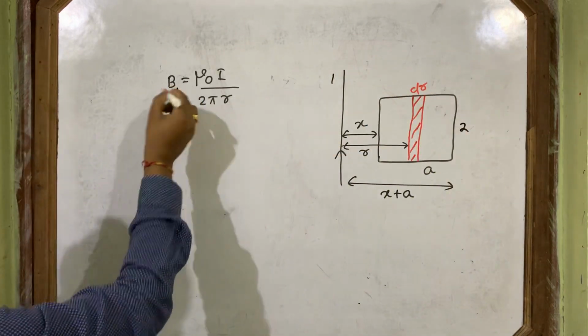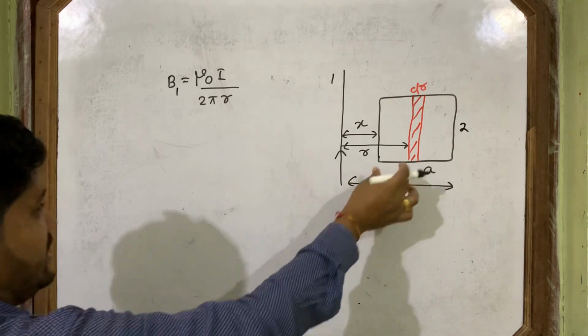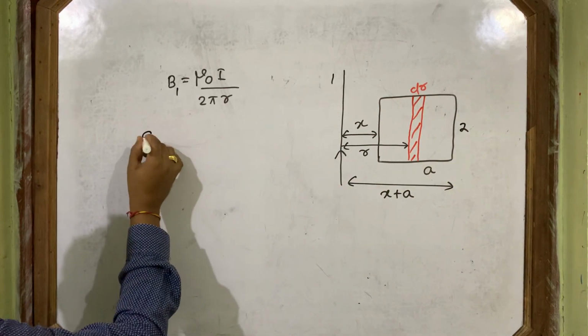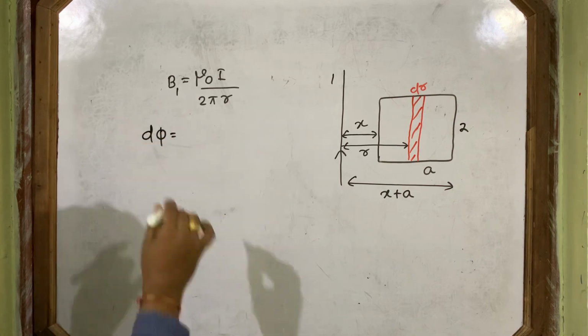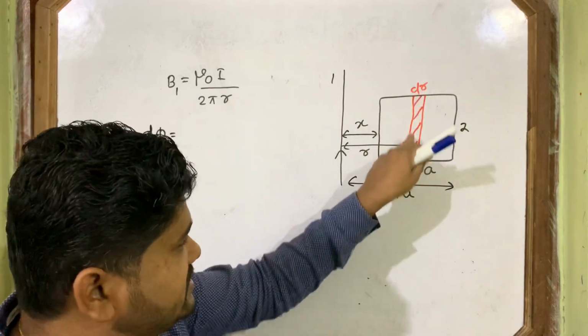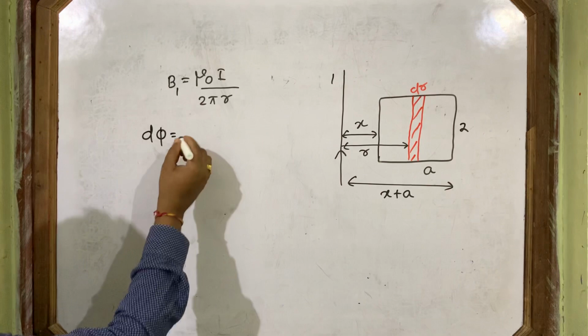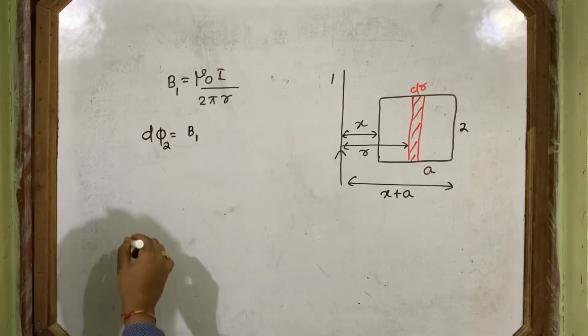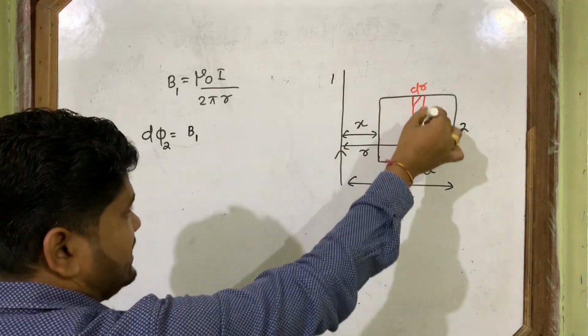Suppose you write the magnetic field due to the first one. Then what is the flux linked with the small cross-sectional area? I can write d phi 2, for the second coil. This is B1 times that small area.